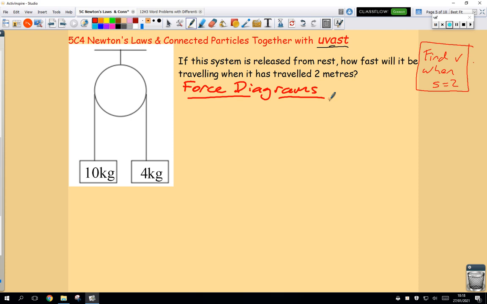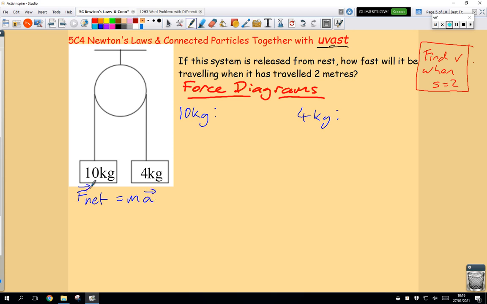I'm going to go through the steps though in order to find it. I'm going to start with force diagrams. I'm going to draw a force diagram for my 10 kilogram particle, and a separate force diagram for my 4 kilogram particle. From my force diagrams, I'm going to come up with a couple of force equations based on Newton's second law, F net equals ma.